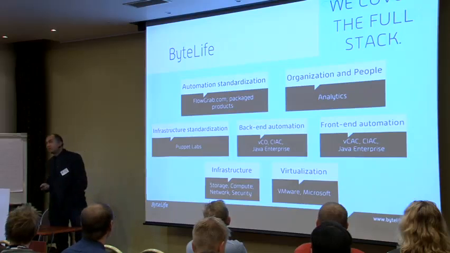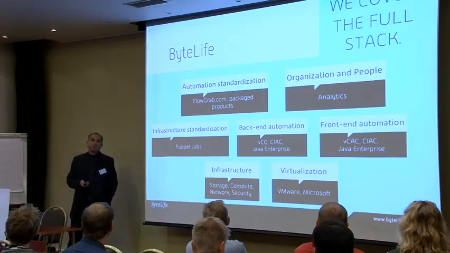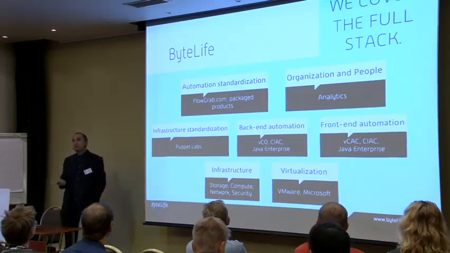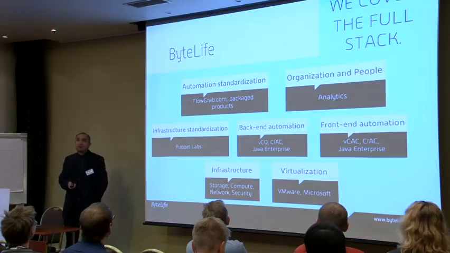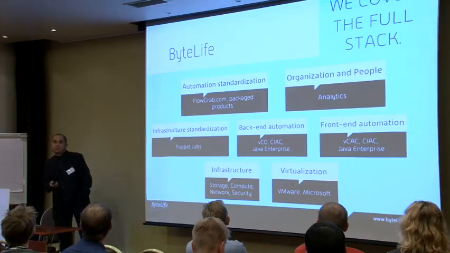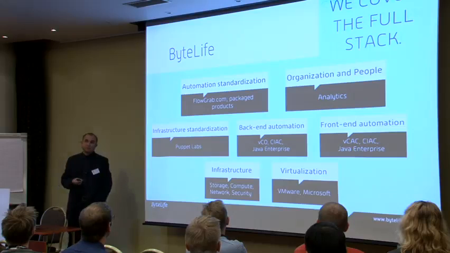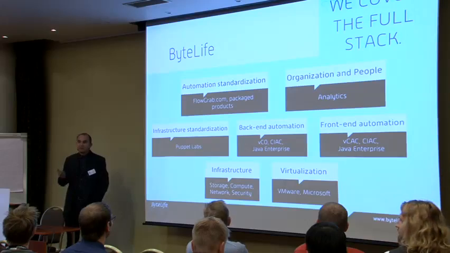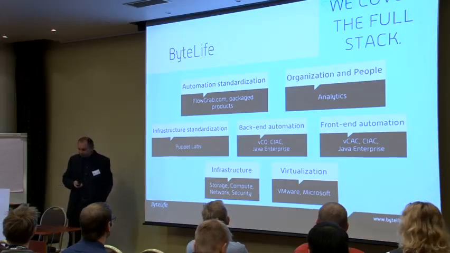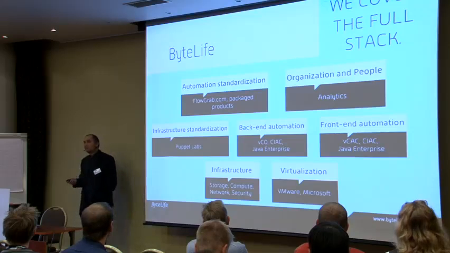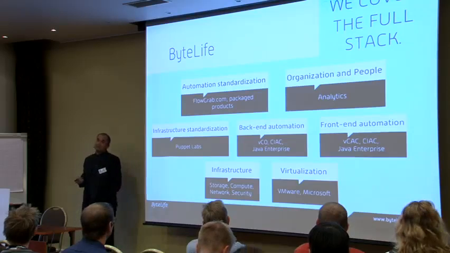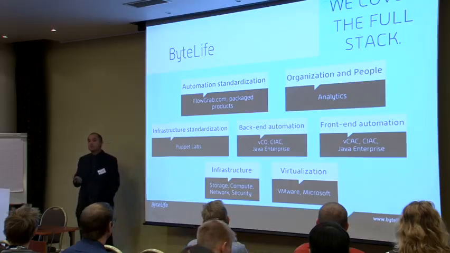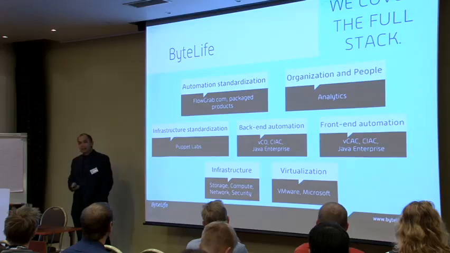Maybe the first one is Flow Graph. You may or may not have heard about it. It's a repository for vSphere workflows. There are certain components which you can reuse and personalize, etc. So if you have to do something with VMware orchestrator workflows, then you may have a look at that.